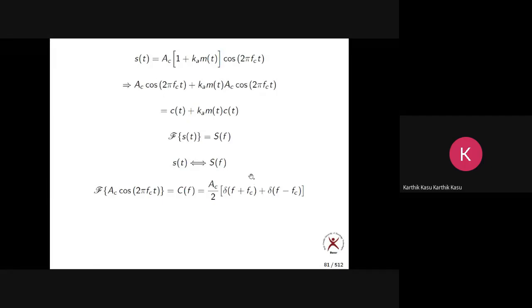Otherwise, you might know this: if I say δ(t − t0), how is that defined?